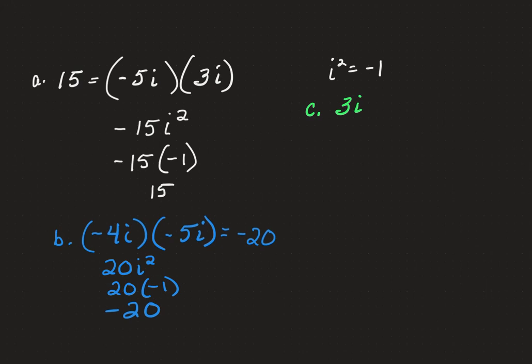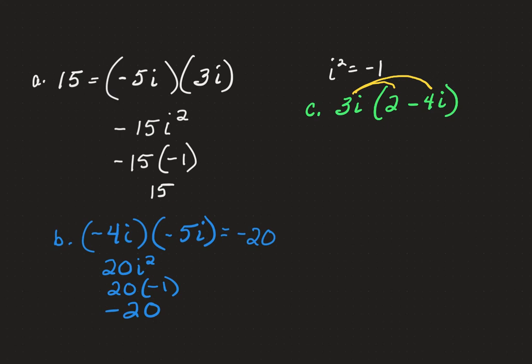So let's look at 3i times 2 minus 4i. Now I have a single term, 3i, multiplied by actually a binomial, 2 minus 4i. There are two parts to that, two very distinct parts. So instead of just multiplying all the numbers, I have to distribute the 3i to each of those values inside the parentheses.